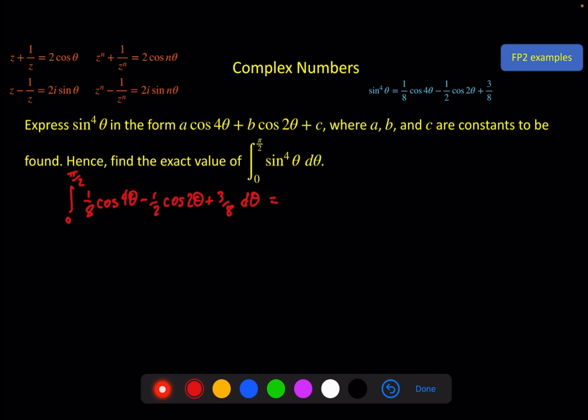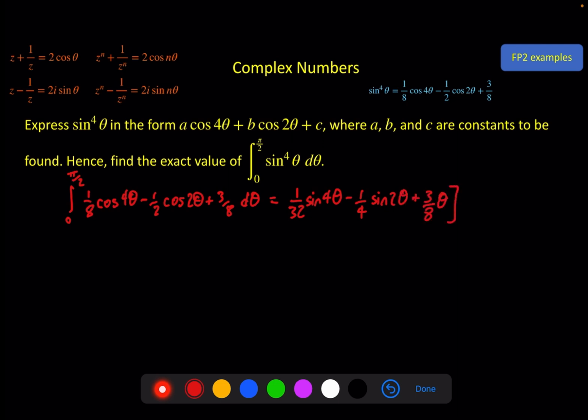And now this is just as simple as integrating a cosine into sine, dividing by the constant. And that gives us 1 over 32 sine 4 theta minus 1 over 4 sine 2 theta plus 3 over 8 theta.